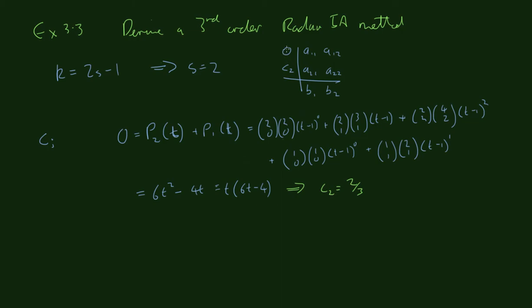So we know C1, and we now know what C2 is, and we've got 4 coefficients to solve for, and this is quite similar to the Gauss-Legendre method. The B values have to satisfy the order conditions, but remember we only need B1 and B2, so we only need the first 2 equations.